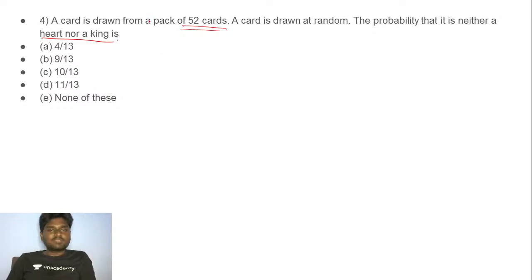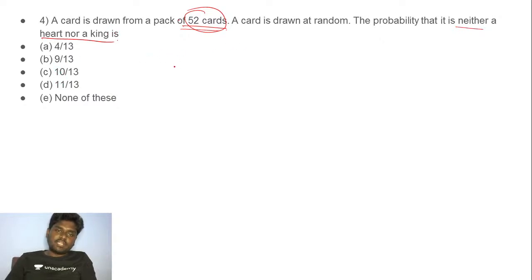I think we'll be having a series of probability questions, maybe some 4 or 5. Let's try to do that as well. So a card is drawn from a pack of 52 cards, and they're asking you the probability that it is neither a heart nor a king.